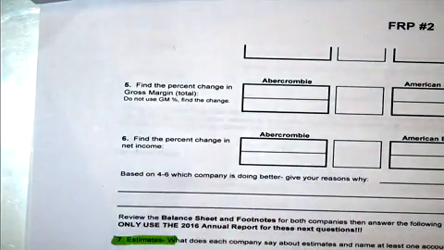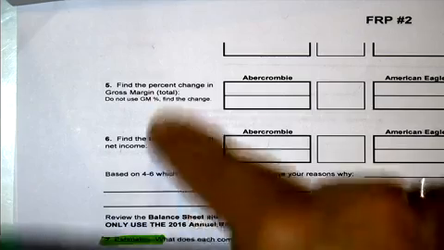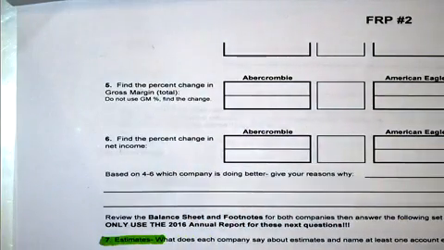And then underneath that, I would like you to look at those three different changes and try to say, who do you think is doing better and why? Is one of these a better indicator of performance than another, or do you have to look at them all together? And again, when you look at what gross margin means, you can find out that information just by looking in the back of that text.